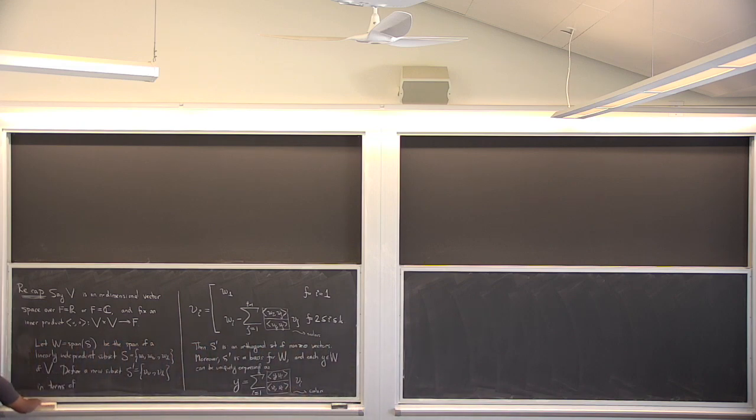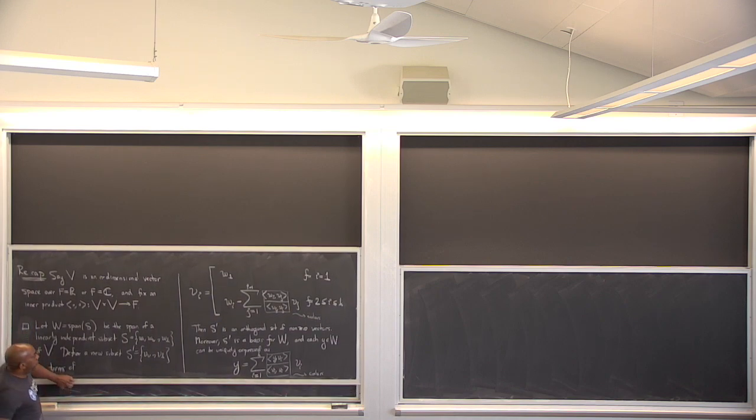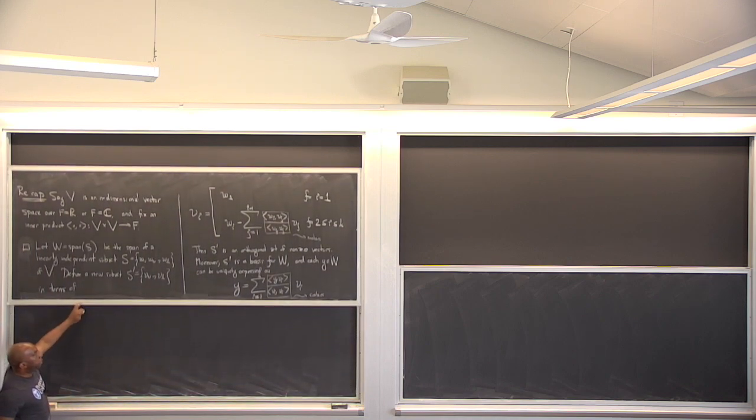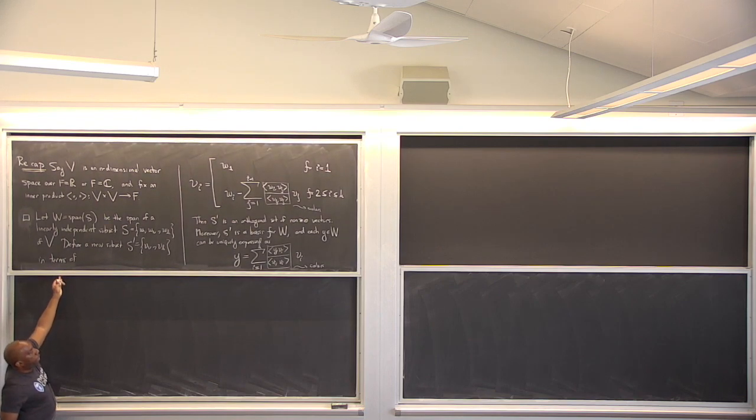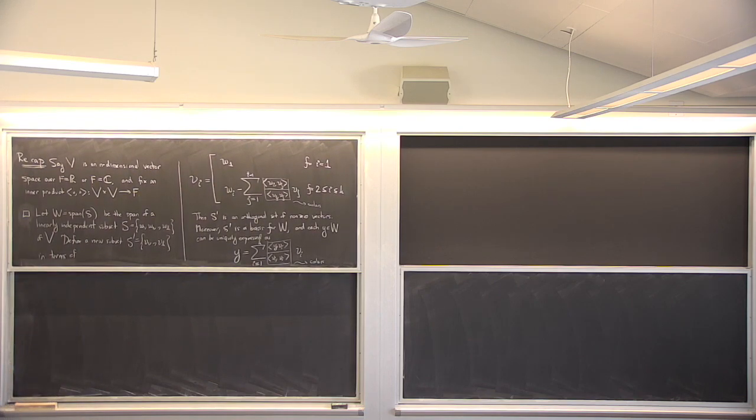So again, this is our first result. If I start with the linearly independent set S, then I can construct this S prime. That really leads into what's called the Gram-Schmidt orthogonalization process.